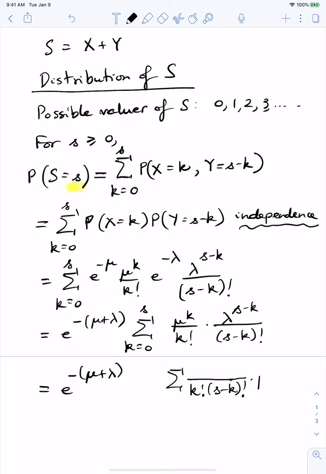Let's see, we've got a mu to the k and a lambda to the s minus k. Those are just as they are. k is going from 0 to s. And k factorial, s minus k factorial at the bottom is looking awfully like one of those combinatorial terms. If I had an s factorial on the top, that would be very nice. That would be s choose k.